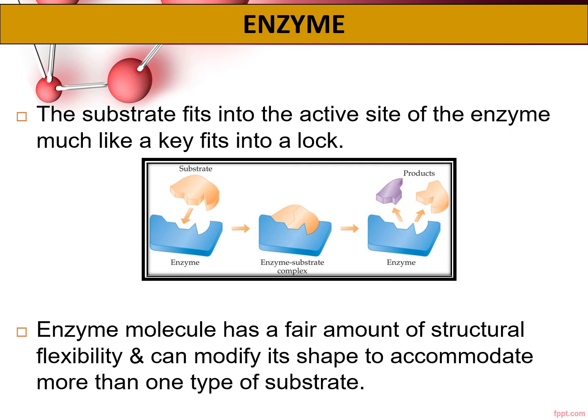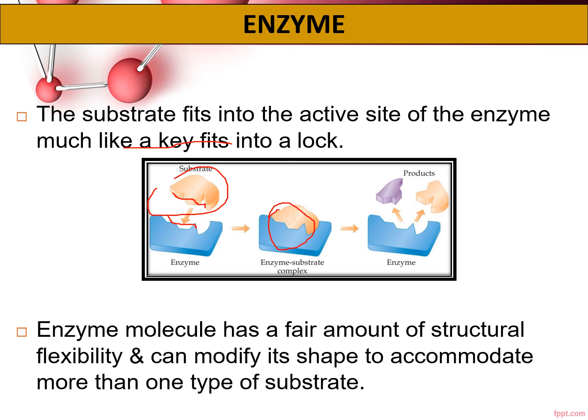This is an example of enzyme where the substrate fits into the active site of the enzyme, just like a key fits into a lock. Look at how the substrate, and this is the enzyme. Enzyme is very specific. The shape is very specific. Let's say it wants to lock the substrate that has this kind of shape, which should match with itself, so it can lock, or interlock here.